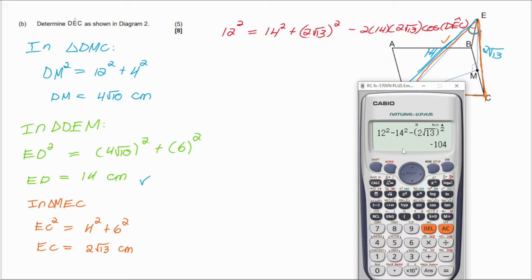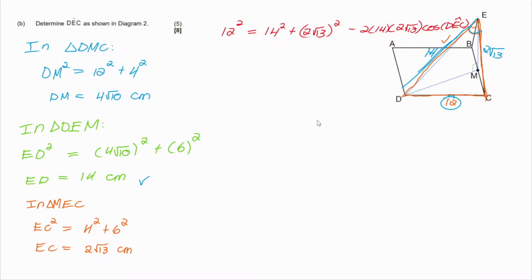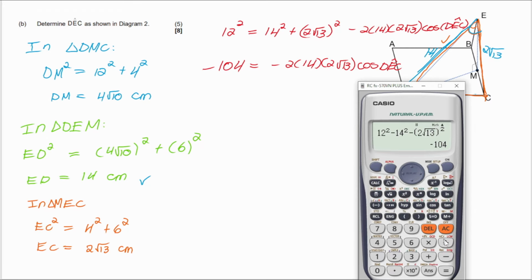So that means these two things have moved to the other side. Let me not do it in one step, it gets a bit hectic. Essentially I'm going to get the answer of negative 104, which is equal to negative 2 times 14 times 2 root 13 cos DEC. Continuing in the calculator, we take this answer and divide it by what's in front of our cos DEC.